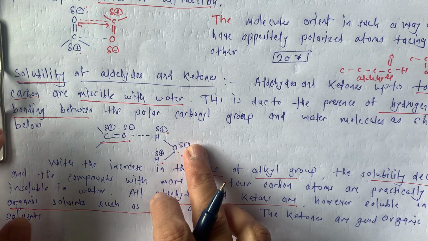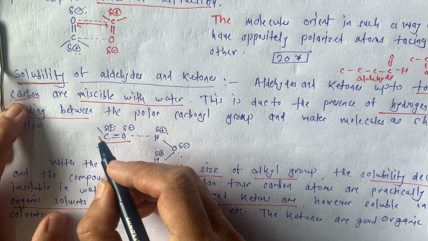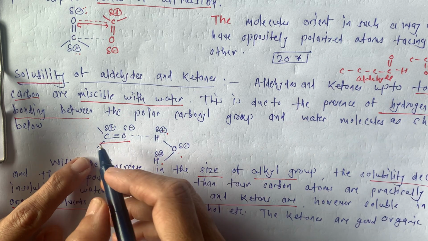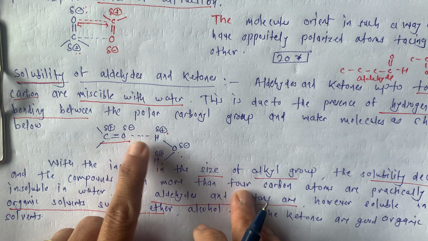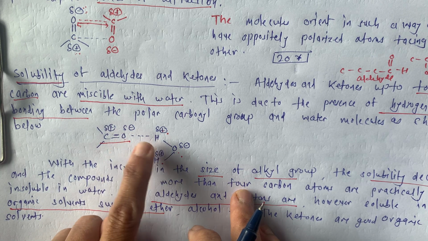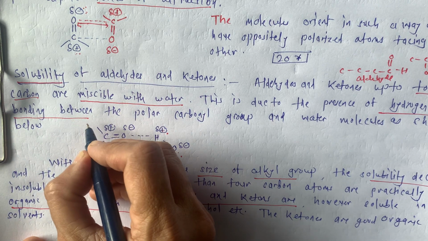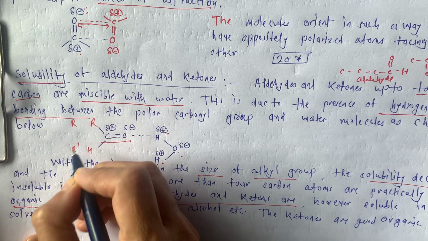And why is this so? Here, they are forming hydrogen bonding, and now there is a small compound, that is up to 4 members. That means there is no steric hindrance or crowding. So they can form OH bonding, that is the hydrogen bonding, very easily. Suppose here it is R, or here it is H, or here it is R, and here it is R dash.